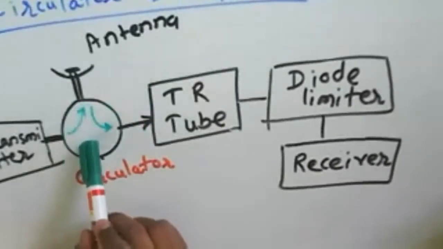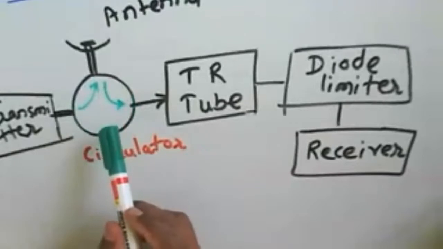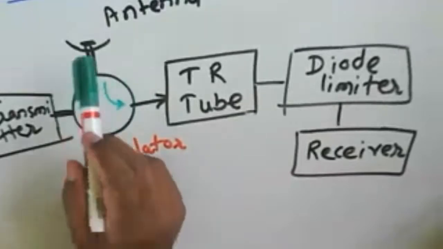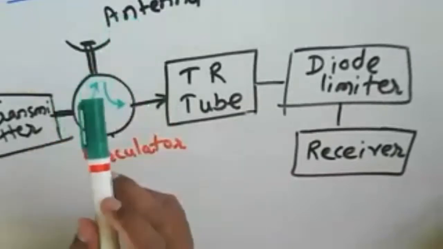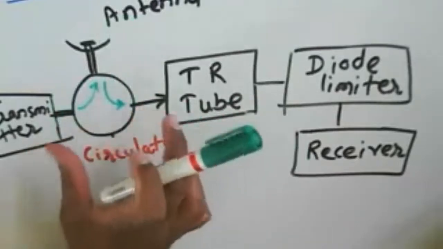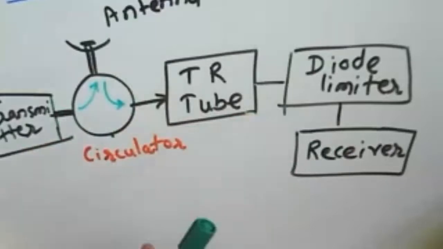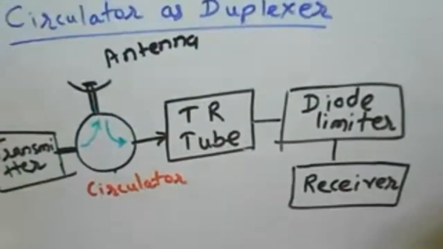Instead of a circulator, we can use the magic T here. The magic T is again used like a switch. While transmitting, only one particular antenna is used, and while receiving, the transmitter and receiver are both isolated if we are using a magic T. That's all about the circulator as a duplexer.